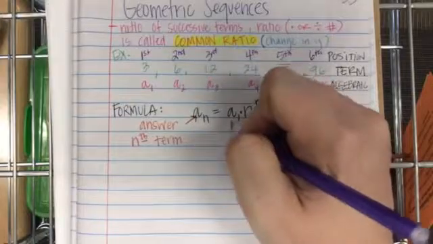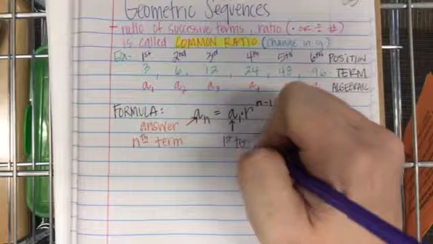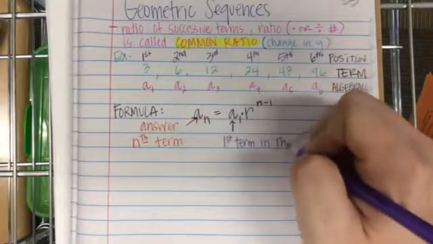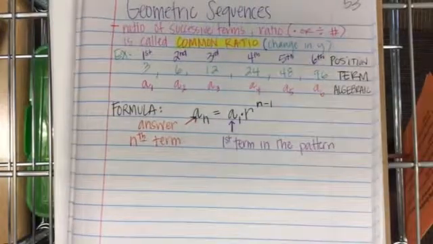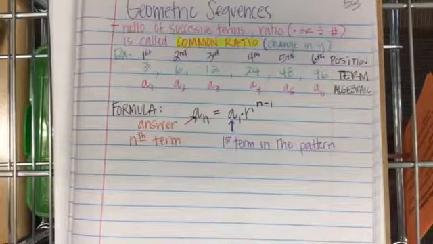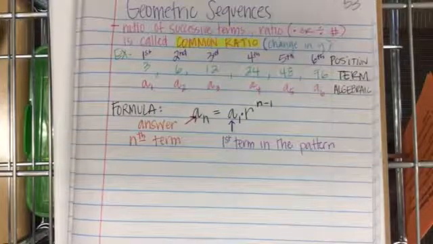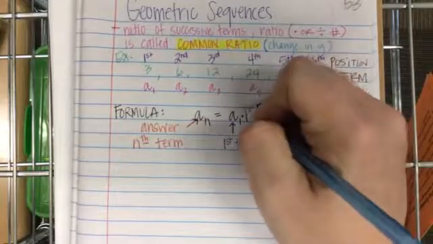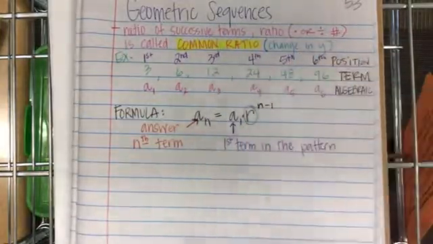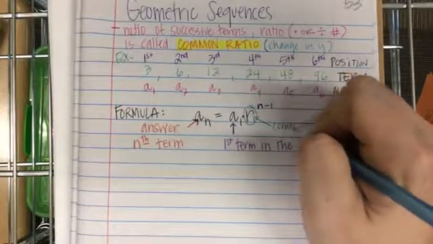a sub 1 is just the first term in the pattern. R, I'm going to circle it because it kind of gets smushed in there, is the common ratio.